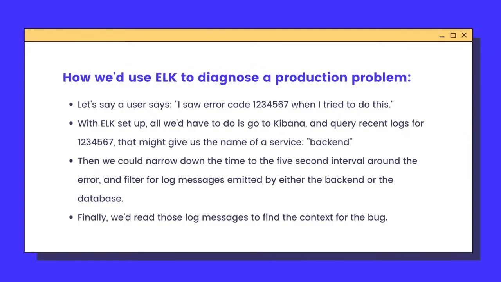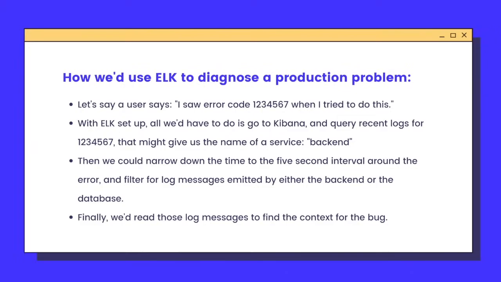How would we use ELK to diagnose a production problem? Well, let's say a user says, I saw error code 1234567 when I tried to do this. With ELK set up, we'd go to Kibana, enter 1234567 in the search bar, press enter, and that would show us the logs that corresponded to that. And one of the logs might say, internal server error, returning 1234567.